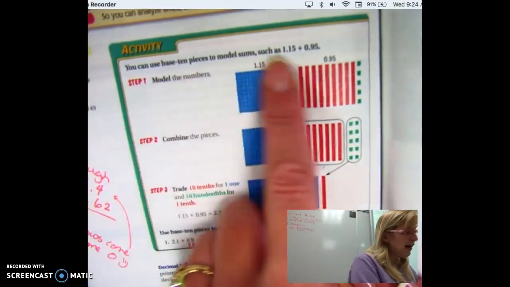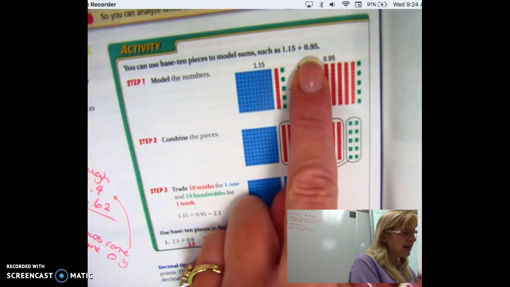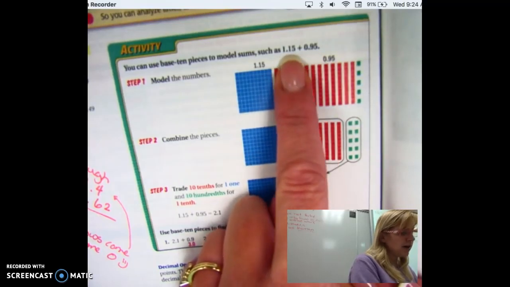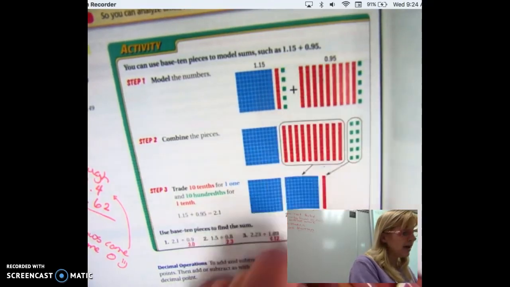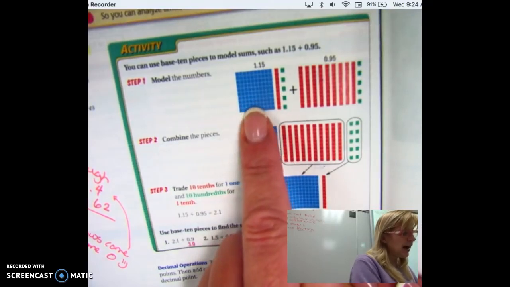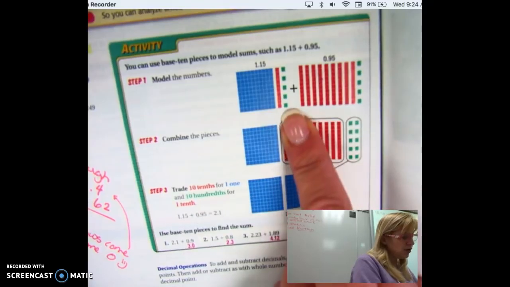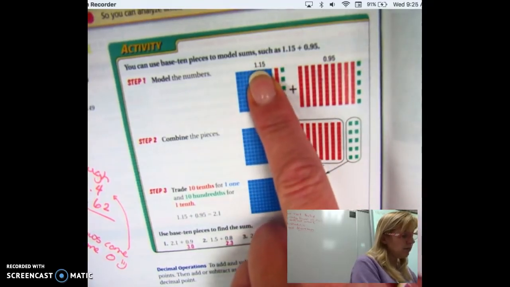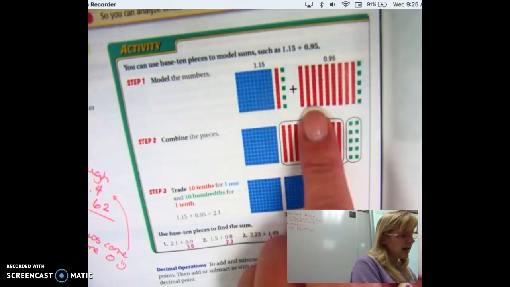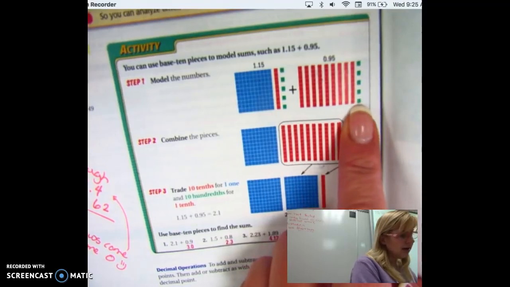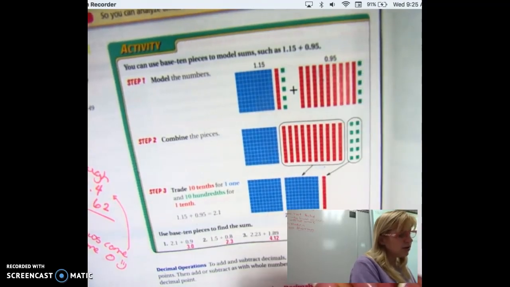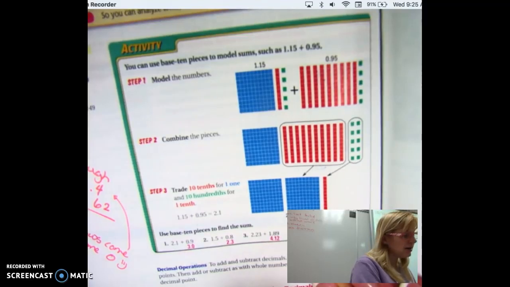So if we have 1.15 plus 0.95, so that's 1 and 15 hundredths plus 95 hundredths, we would get out 1 whole, 1 tenth, and 5 hundredths to represent 1.15, and we do 9 tenths and 5 hundredths to represent the 95 hundredths.